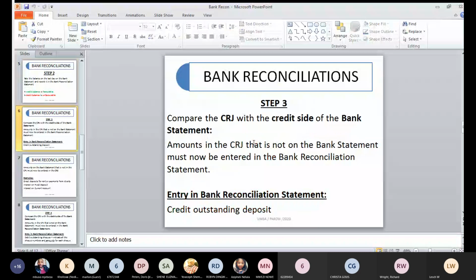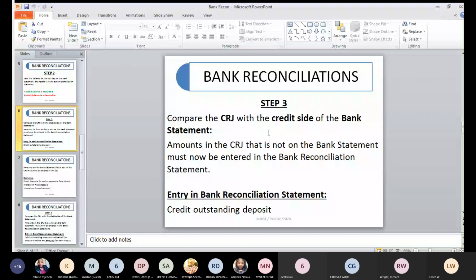In step number 3, we are now going to compare the cash receipts journal with the credit side of the bank statement. We are now looking for items that appear in our records, which are not on the bank statement as yet, and items that appear on the bank statement that are not in the cash receipts journal.